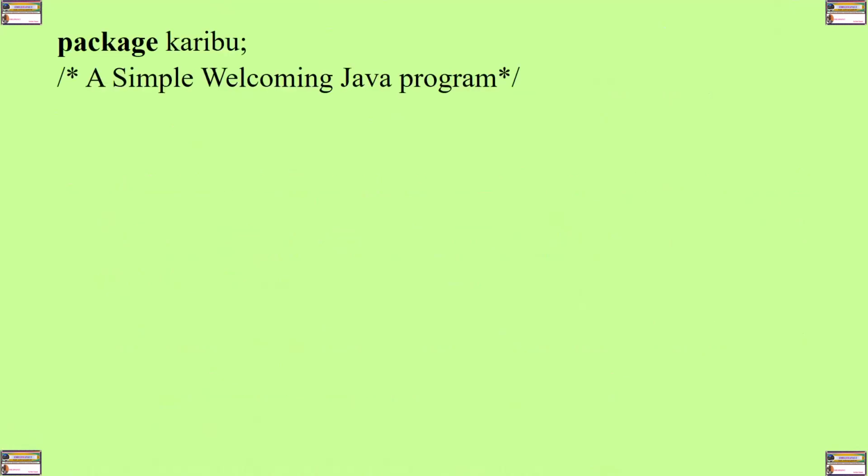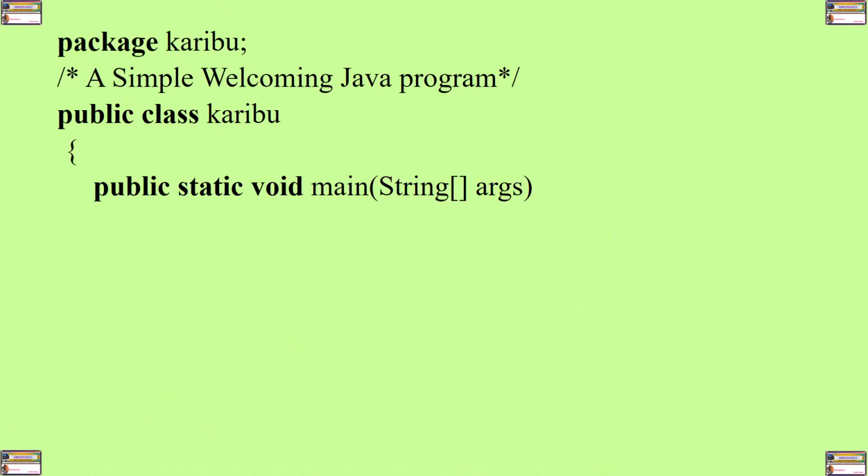So this is our program. Package Karibu, then this is a simple welcoming Java program. Then we have the name of the class, which is public class Karibu, the opening brace, and then the main method that controls the way the program is executed.